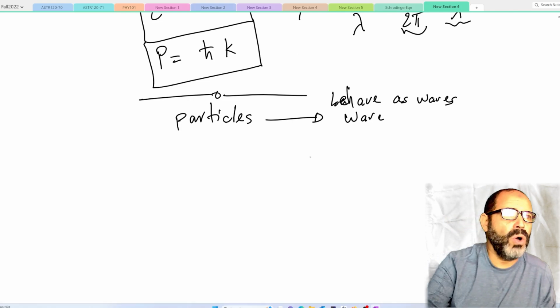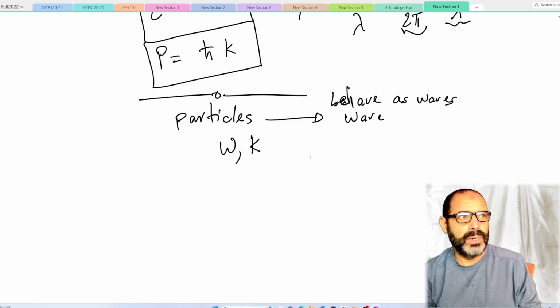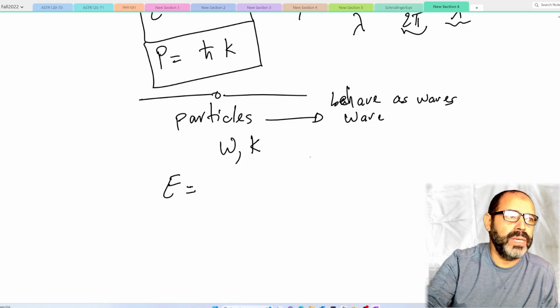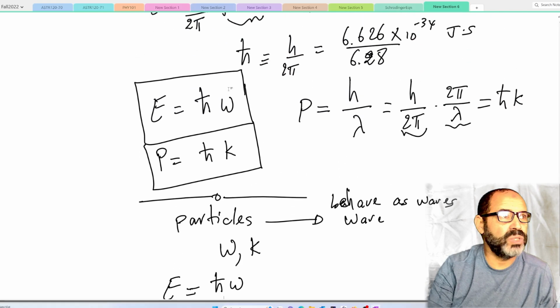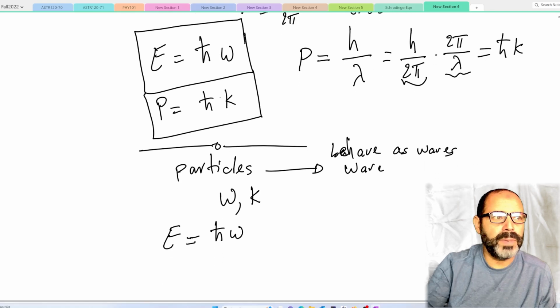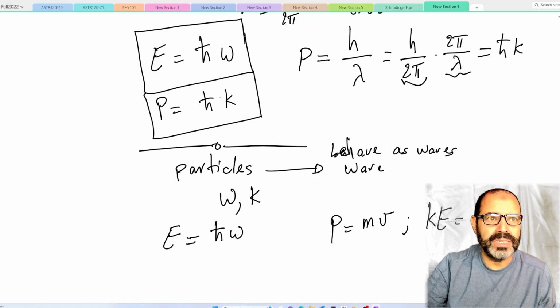Therefore, they must also have an omega and a k, an angular frequency and wave number. So their energy for a particle must be h bar omega if they're going to be behaving as waves, because that's what waves do. And we know that a particle has a momentum that is mass times velocity, and its energy, in the case of kinetic energy, at least, is equal to 1/2 mv squared.